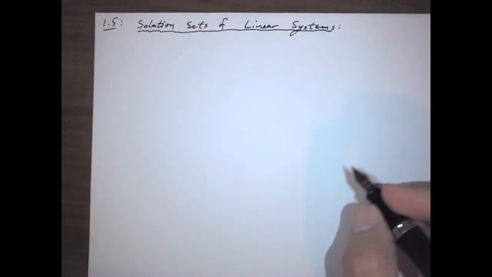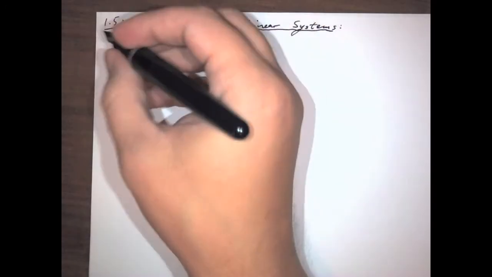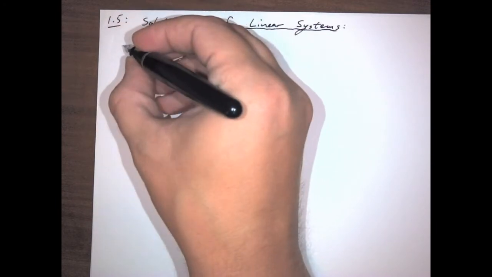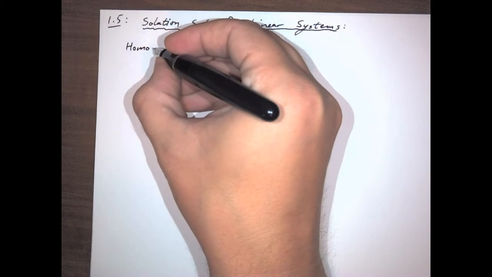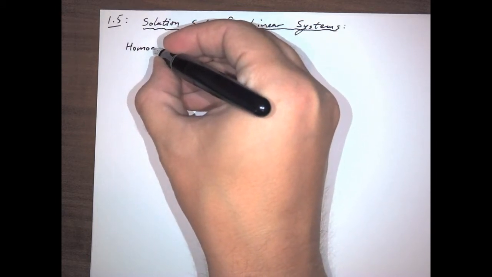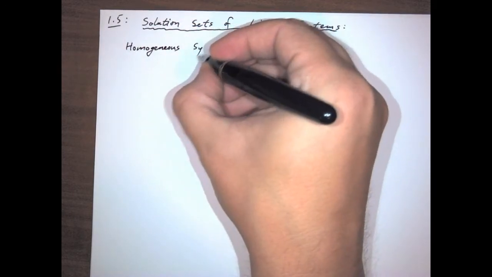So first off, we're going to look at a more specific, narrow case to begin with, and then we're going to see how that connects to the more general case. So first, we're going to look at what are called homogeneous systems of linear equations, or just homogeneous systems.